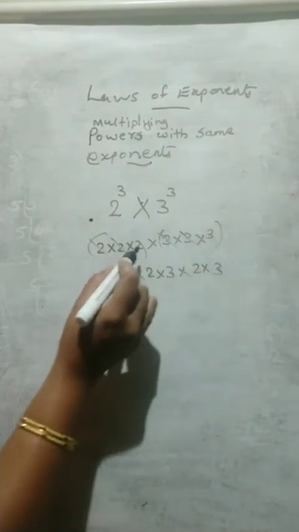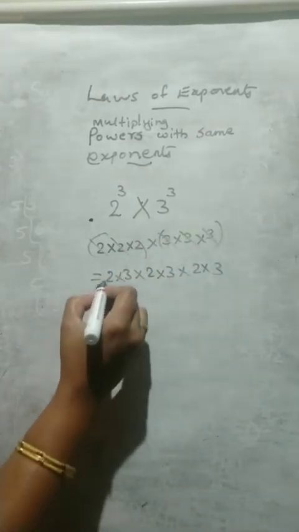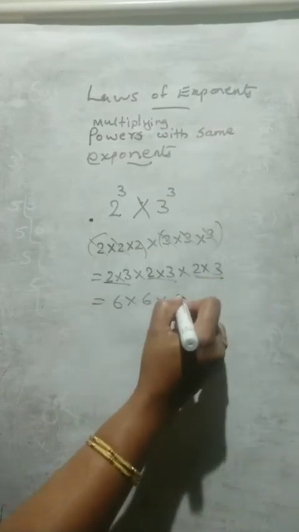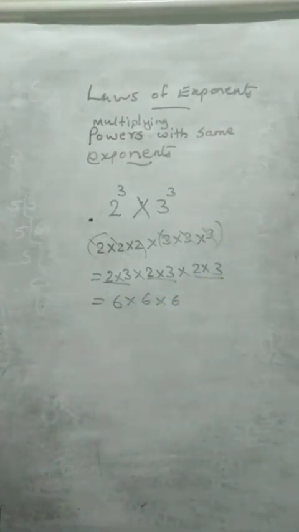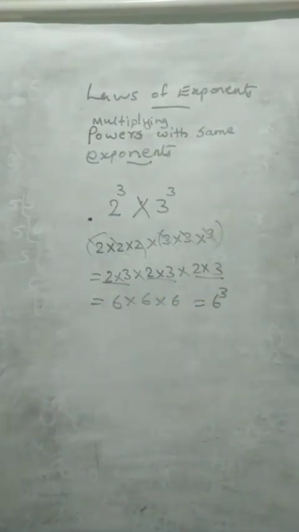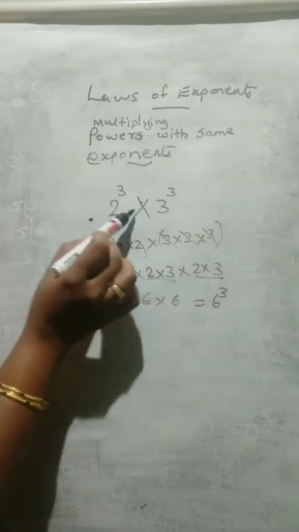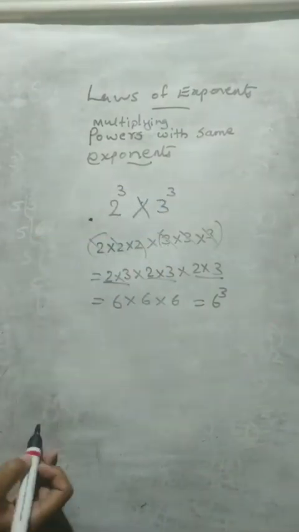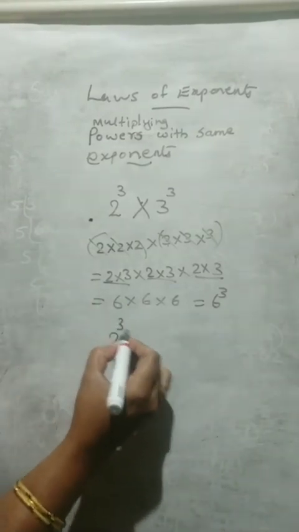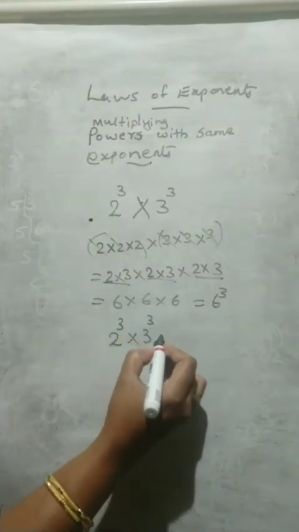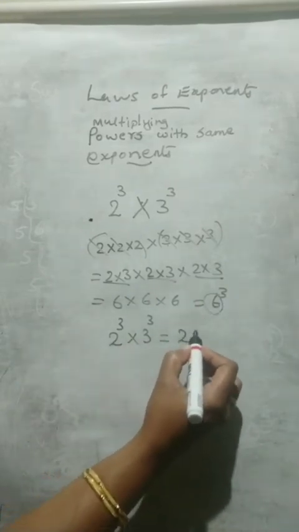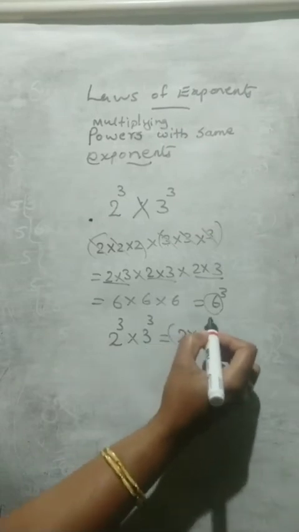From here, what is 2 times 3? 6. Then 2 times 3? 6. Then 2 times 3? 6. So how many times? That is 6 raised to 3. Here, 2 raised to 3 times 3 raised to 3 we can write this way: 2 times 3 the whole raised to 3.